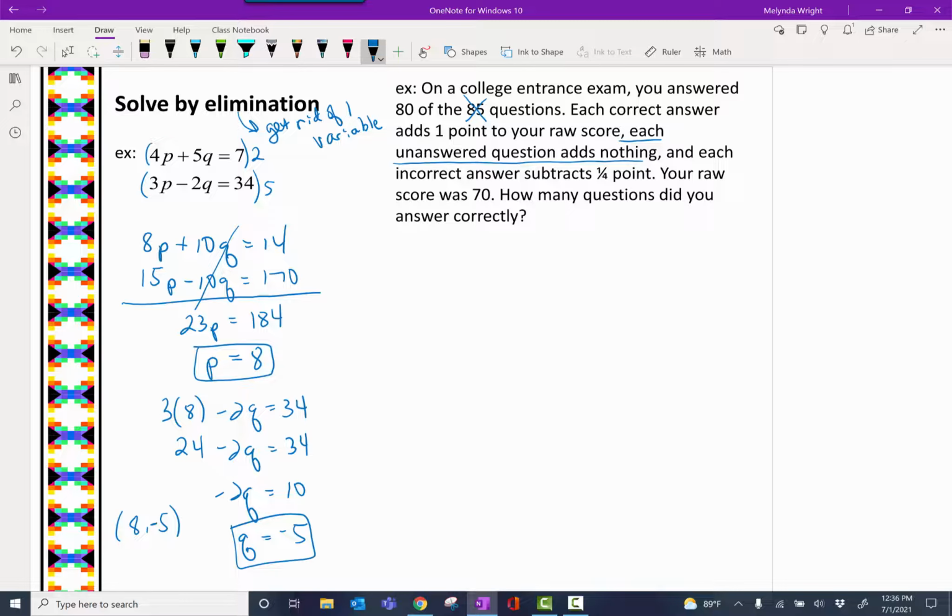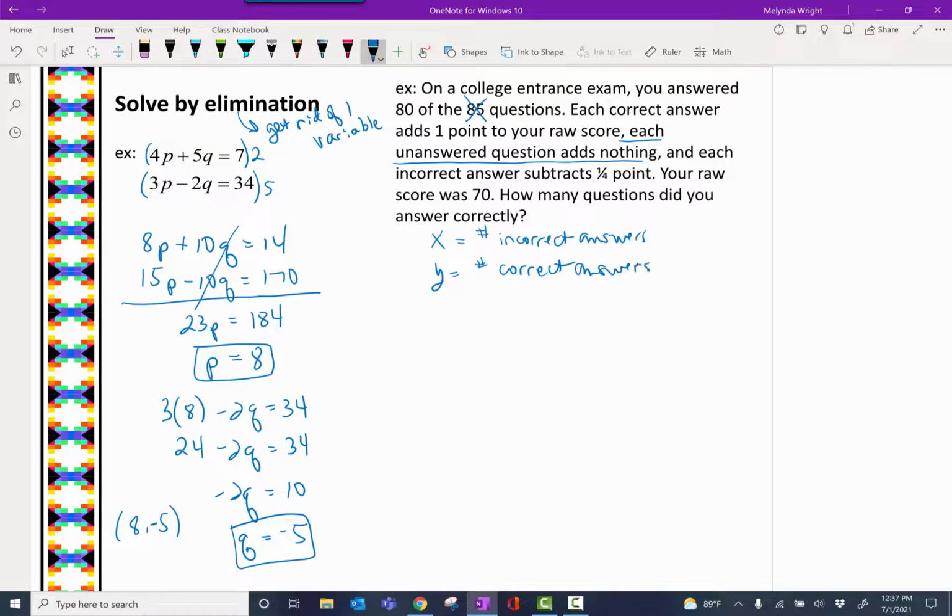So that means the other variable would be incorrect. Again, it doesn't matter which one you make what. I decided to make x equal the number of incorrect answers and y is going to equal the number of correct answers.